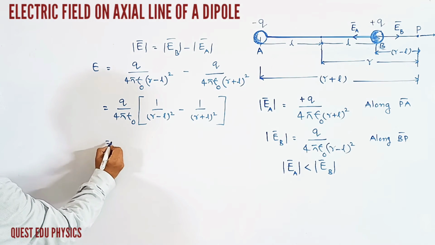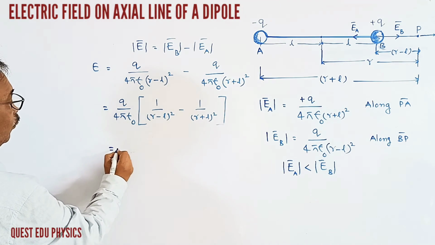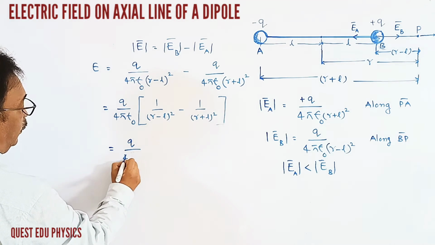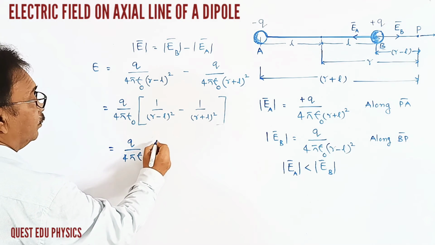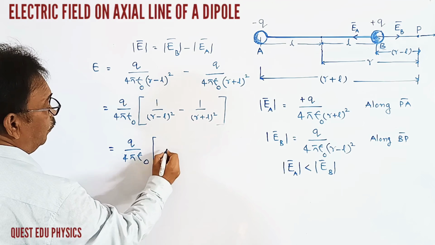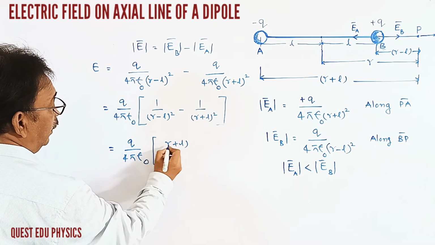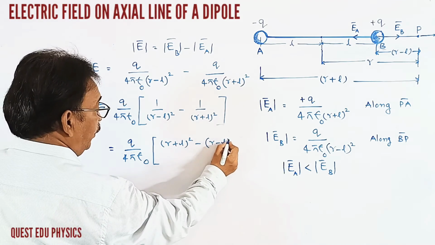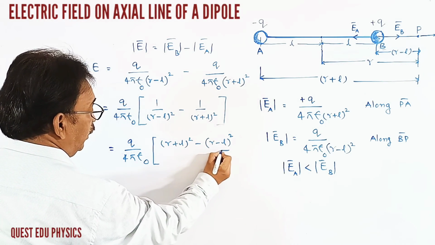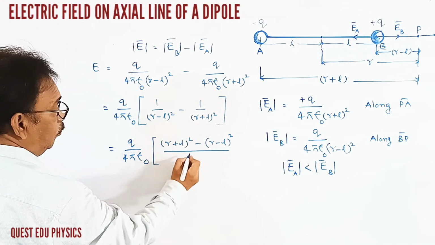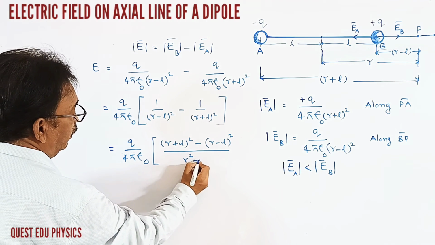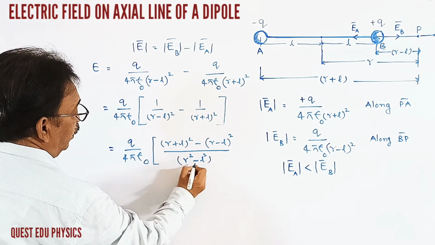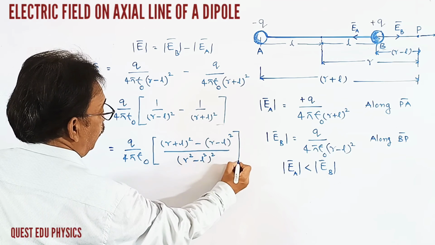Further, it can be written as Q by 4 pi epsilon naught into R plus L whole square minus R minus L whole square by R square minus L square whole square, students.